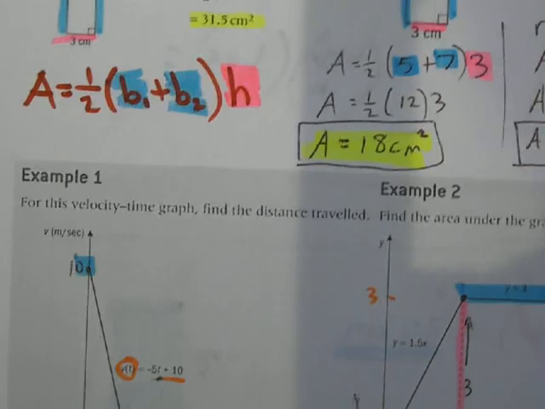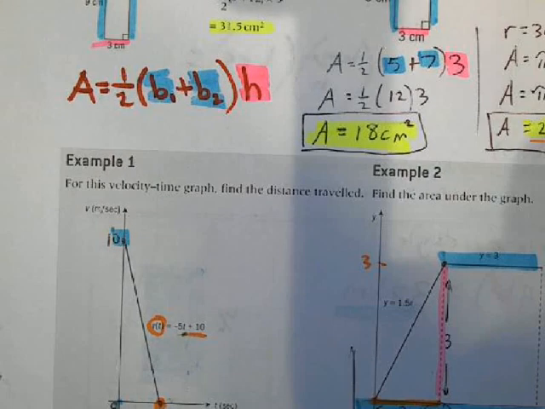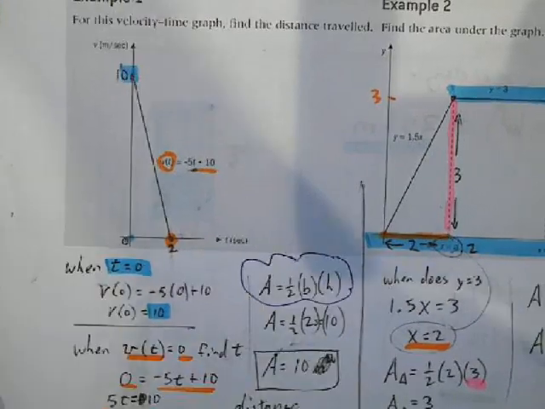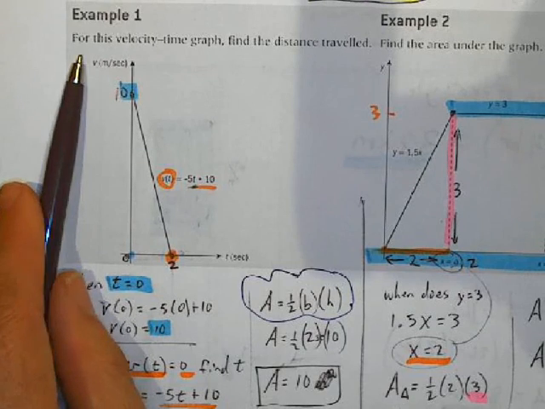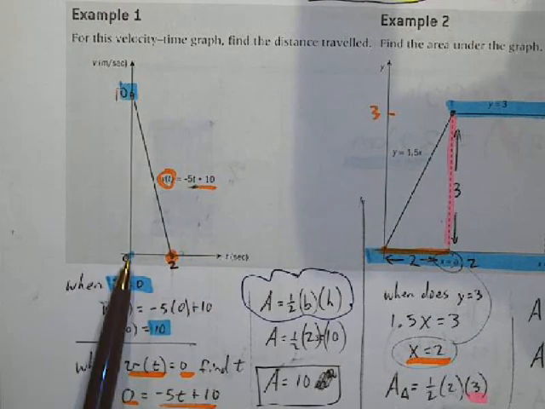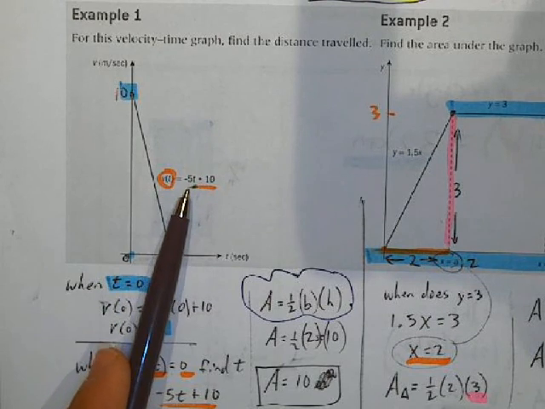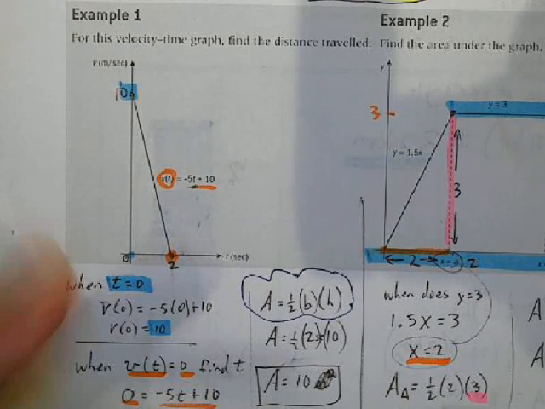Okay, now the next part, example 1, for the velocity time graph, find the distance traveled. So we've got this formula V(t) equals negative 5t plus 10.